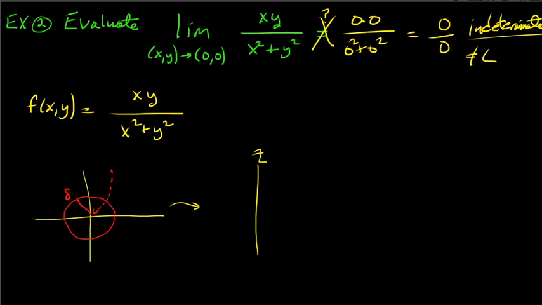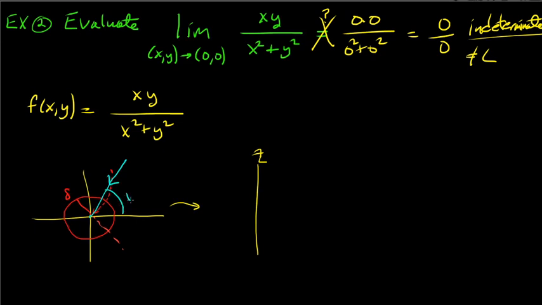So again, the tricky thing is that you can approach not just from this direction, you can approach from this direction, or your points might do something like this and kind of spiral inward. So in general, this is a very complicated way to calculate a limit, by taking all the possible directions. But we're just going to go in a straight line, and most of the time that's not going to get you into trouble.